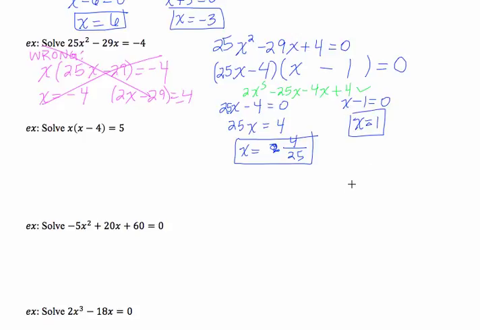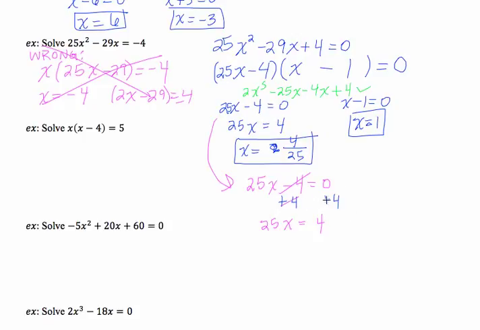Now, one of the things I should mention here is you really should start weaning yourself away from doing this. What a lot of students do is they'll show these baby steps here. They'll write plus 4 to add 4 to both sides. And then these cancel, so you have 25x equals positive 4. Really, you should be to the point where you no longer need to write the plus 4 and plus 4.